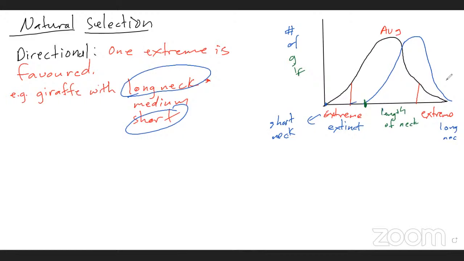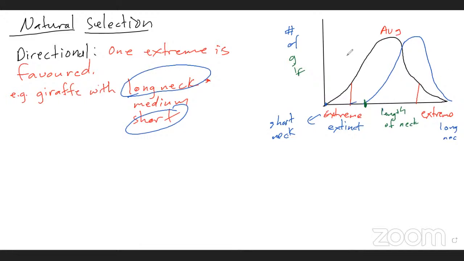So you just need to create your two extremes. Is that clear? Sir, the speckled moth would have come under directional, right? Yes, remember that one. So just make an extreme where one extreme is being favored over the other. In directional selection, just remember one extreme is being favored.